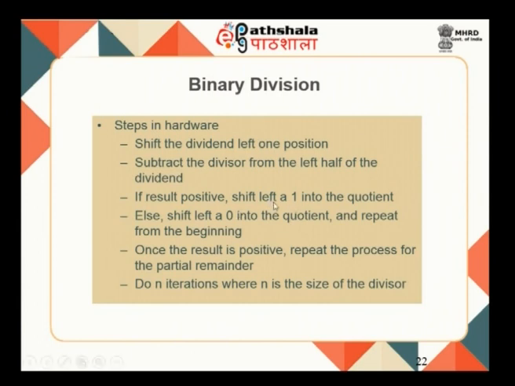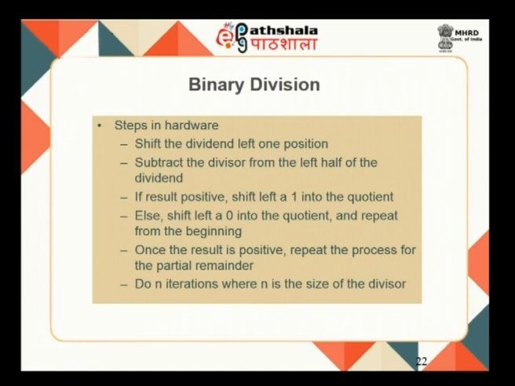So, in that case you have to generate a quotient bit of 1. In case the result is negative, then you will have to generate a quotient bit of 0, and you know that the trial subtraction that you did is wrong. So, you should not have subtracted the divisor because the divisor is larger than the dividend part that you considered.